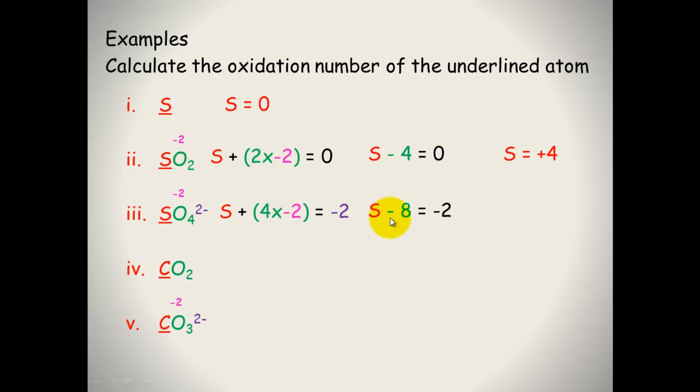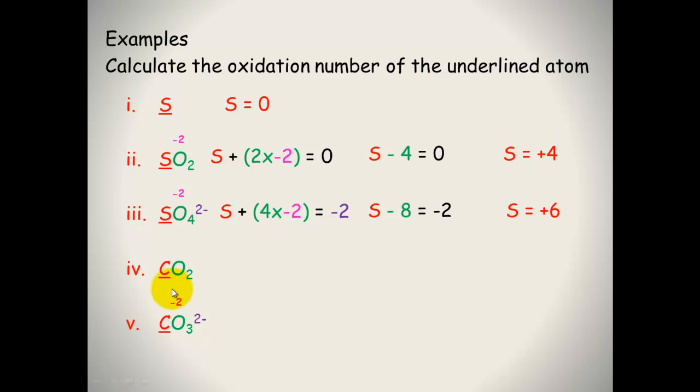So sulfur, minus 8, has to equal -2, so thus sulfur must be +6. +6 -8 equals -2. Oxygen -2 times 4 is -8. Sulfur then is +6. +6 -8 equals 2-.